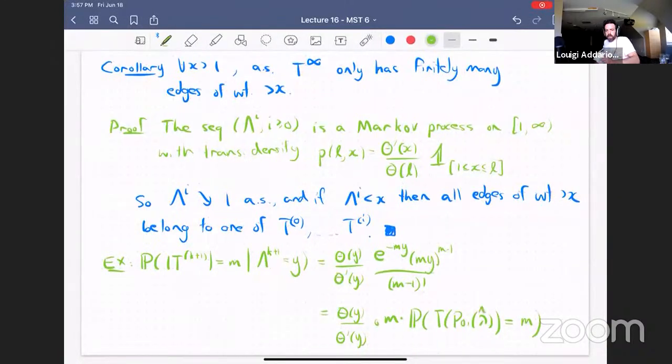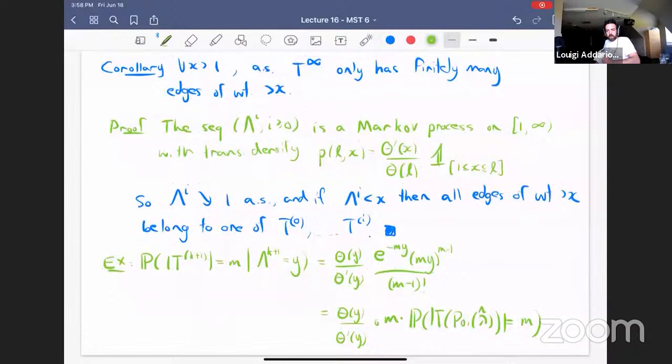So what this is saying effectively is that if I tell you the largest weight that you'll ever see, the pond, this tree T k plus 1 that you build, looks like a subcritical Poisson Galton-Watson tree, except its distribution is biased by its size. This prefactor m out front means you have a size biasing of the size of the tree.